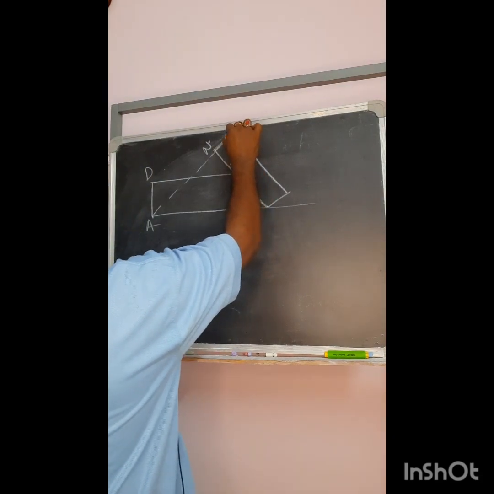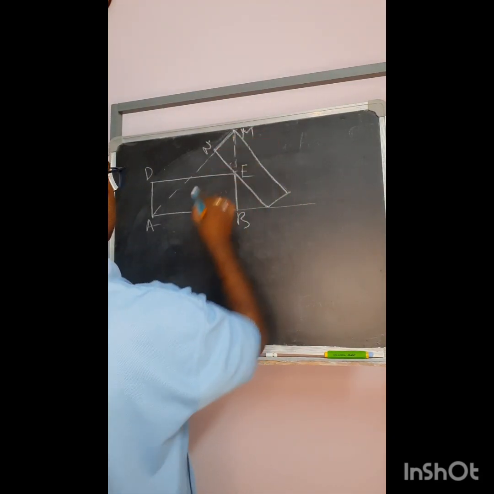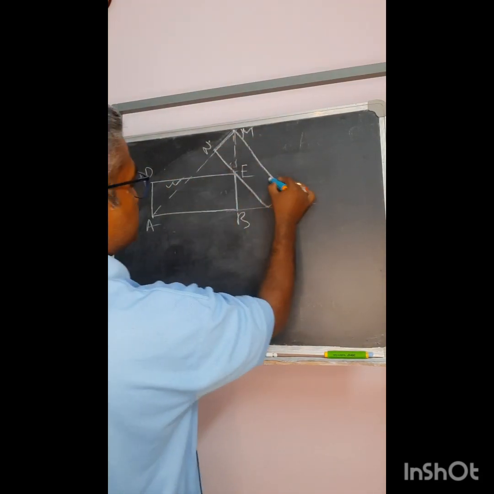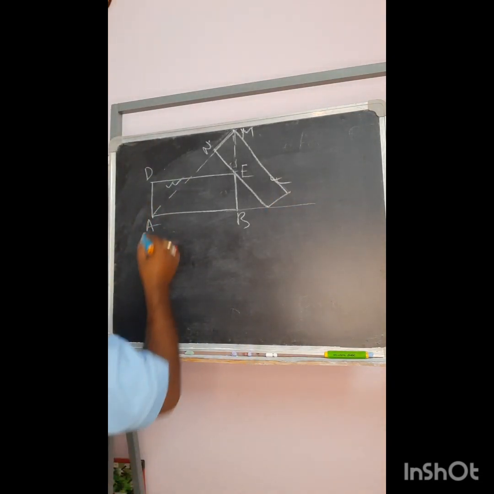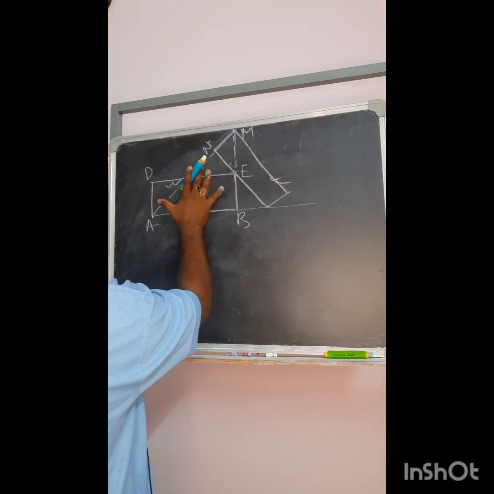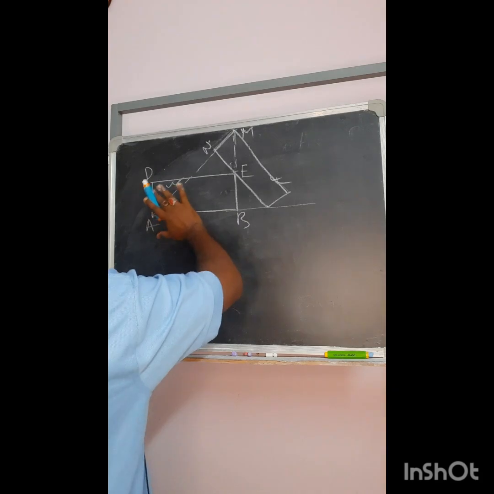M is a common point of this rectangle and that rectangle, and the rectangles are congruent, which means both rectangles are equal in shape and size.